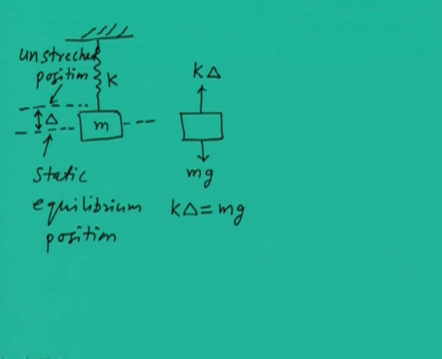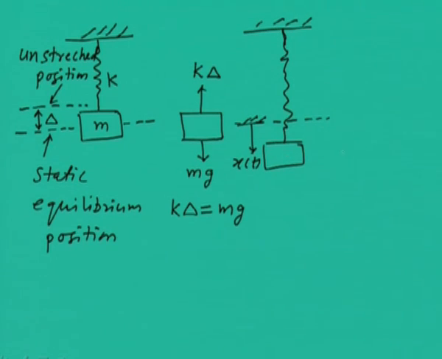Now we give a disturbance to this mass so that it gets displaced from its static equilibrium position by some displacement x. This is the static equilibrium position. We are giving a displacement to the mass of x(t). Now the mass is having up and down motion, and for this particular time instant it has occupied this position.